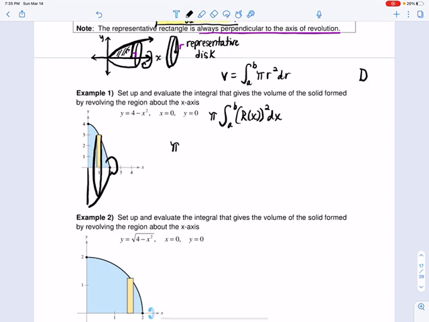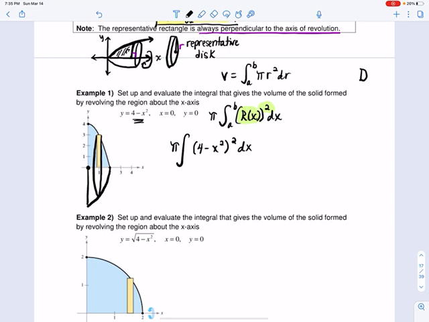So I'm going to write pi. I'm going to come back to A to B. My function, because it's that blue region right here, here's my function in terms of x. So it's 4 minus x squared. Keep in mind that I have to square the function or square the radius. And then dx. Now my limits are going to be in terms of where we start building the discs and where those discs end.